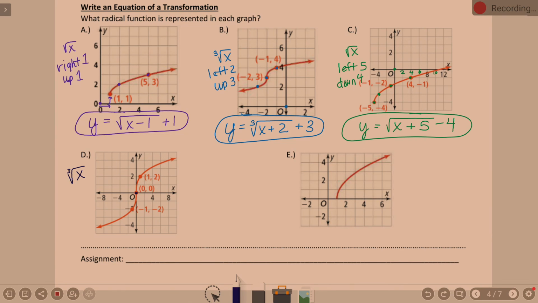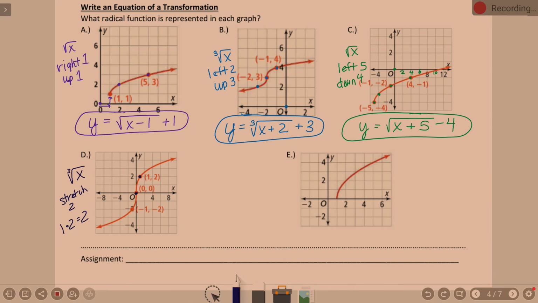And guess what, guys? From 0, 0, it doesn't go over 1 up 1, does it? It goes over 1 up 2. So instead of going over 1 up 1, we went up 2. That 1 got multiplied by 2, and so this is going to be a stretch by a factor of 2. The reason is because it was supposed to be 1, but it was a 2, and 1 times 2 is 2. If that makes any sense.